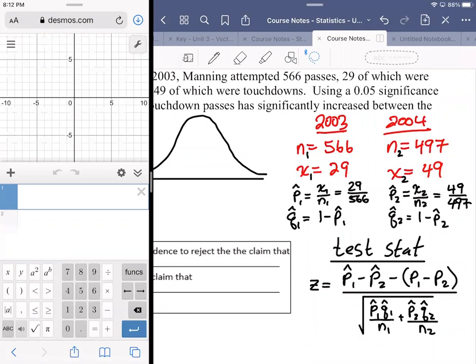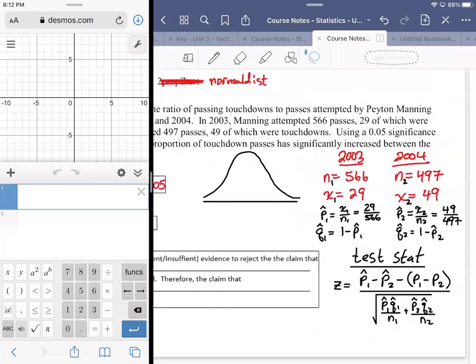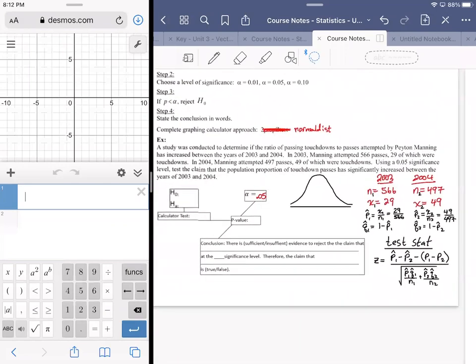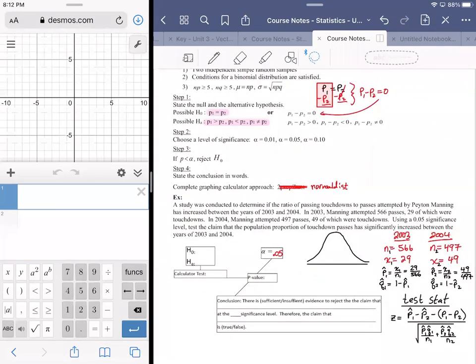It's not going to look pretty in there, but it's still better than doing it by hand. All right. Now, the question being asked here: test the claim that the population proportion of touchdown passes has significantly increased between the years of 2003 and 2004, right?